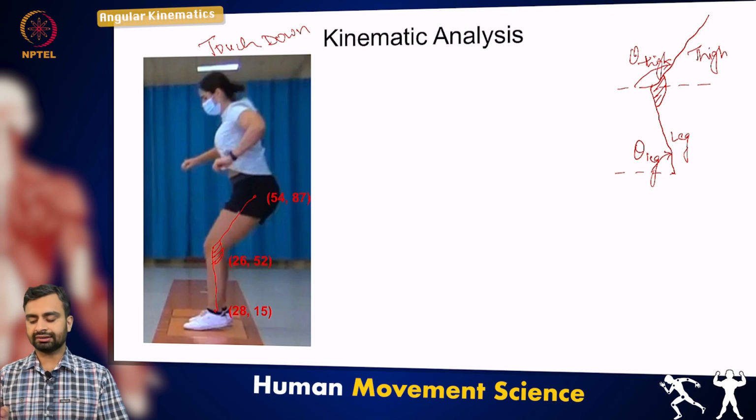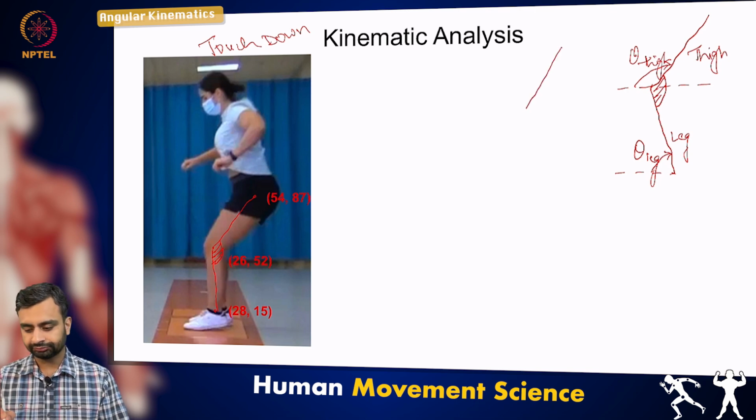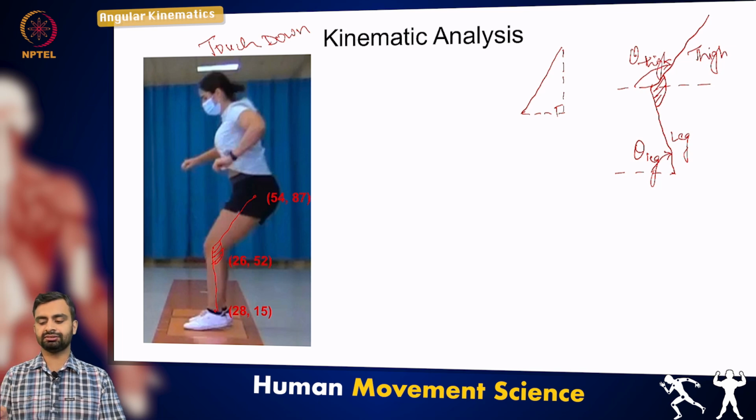So let me draw the thigh segment again, and then the horizontal, and then we draw a vertical line over here. So this is a 90-degree angle.